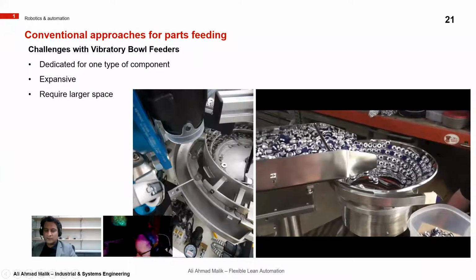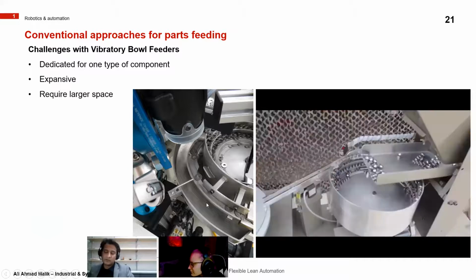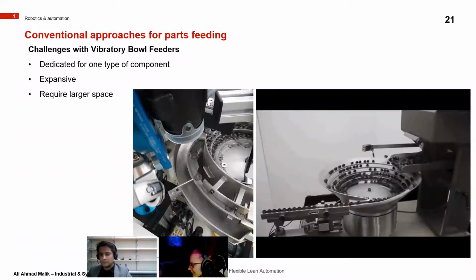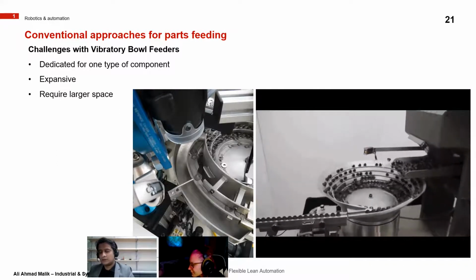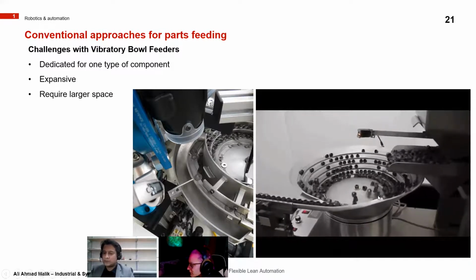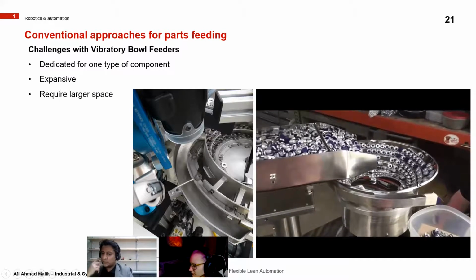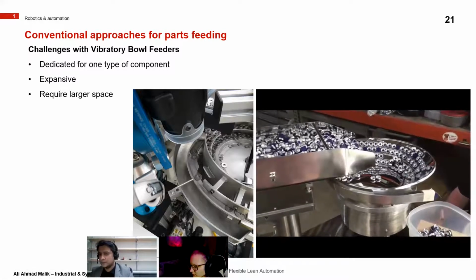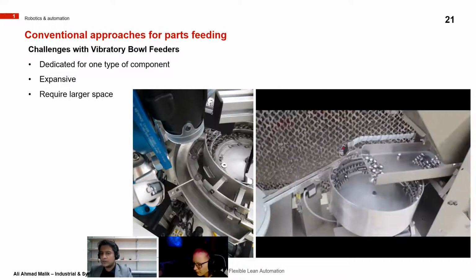So as I said, somehow the robot needs to know where the component is placed that needs to be picked and where it should be placed. For small components, a conventional, very old approach of aligning or presenting the components to the robot is called bowl feeders.